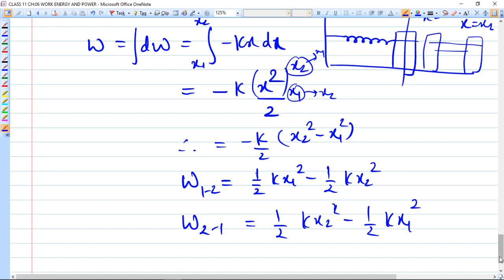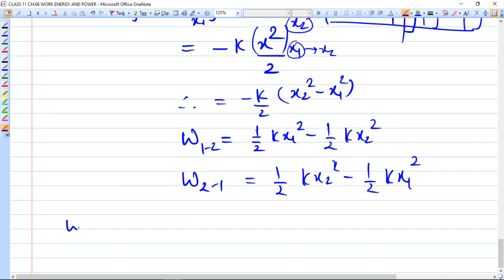Now if you add W12 plus W21, what will be your answer? 0. Check it. It is a very important force. Here I am giving somewhat of an introduction, but in future we are going to discuss this force in detail in the simple harmonic motion session.